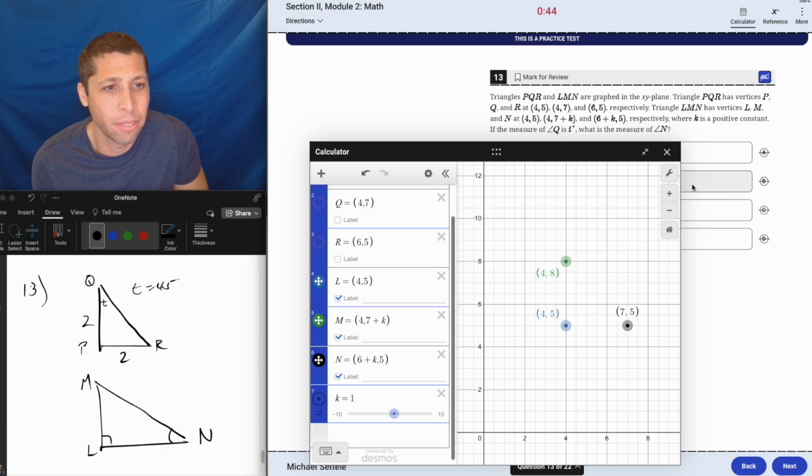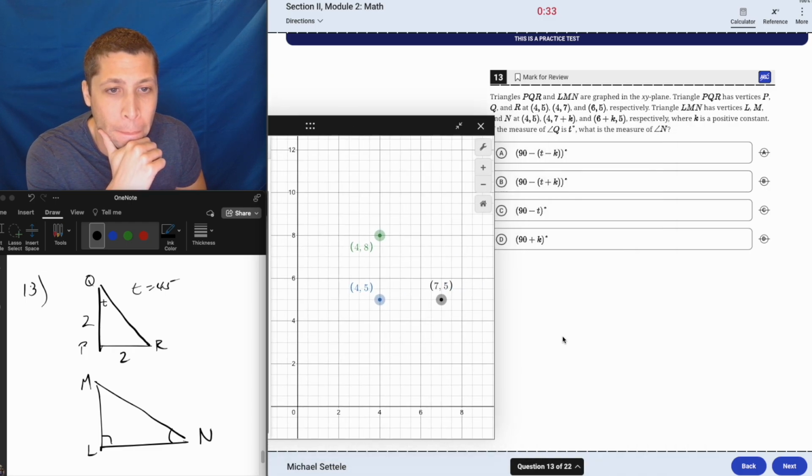This is also 45. If I make this bigger, I think I messed up here. I don't know what I did.